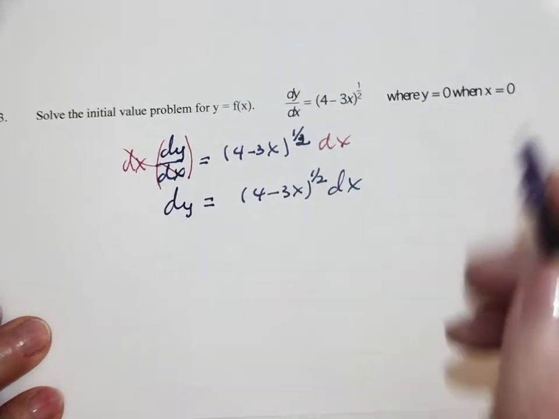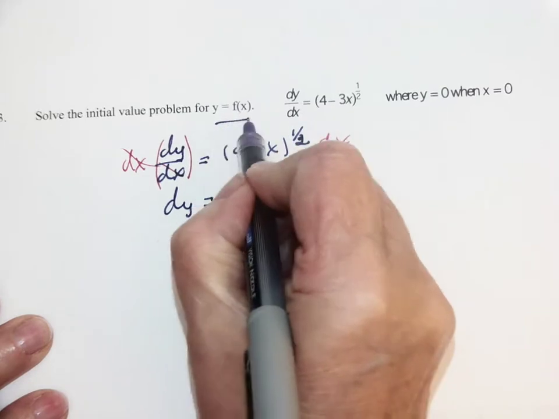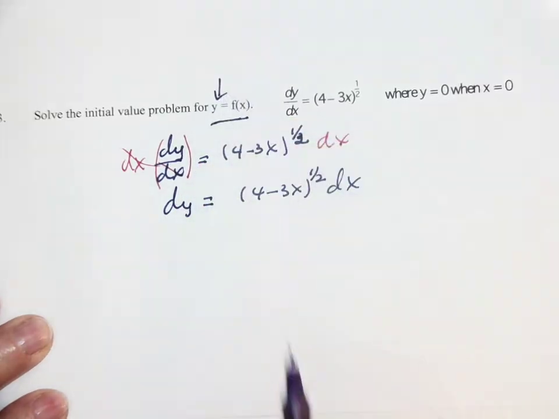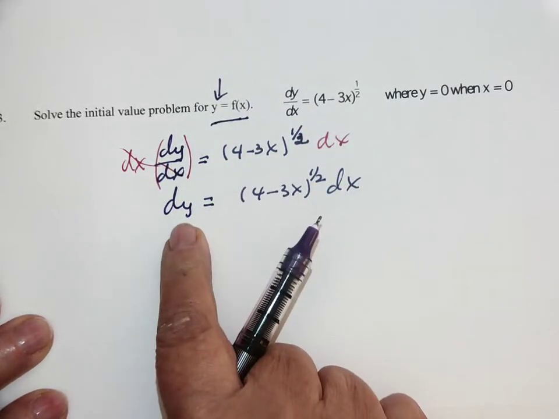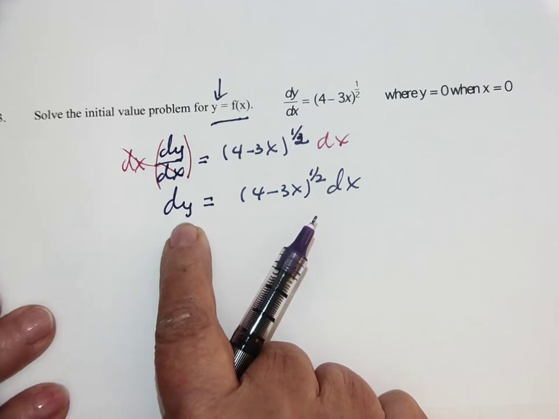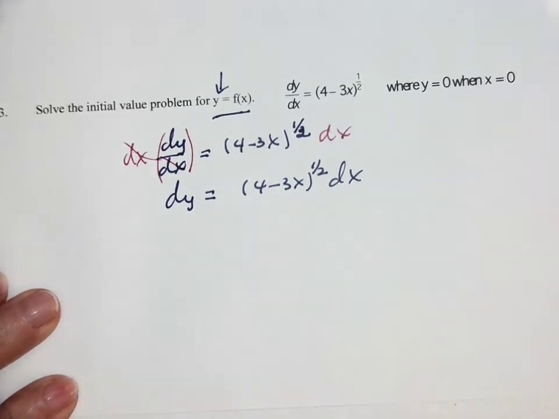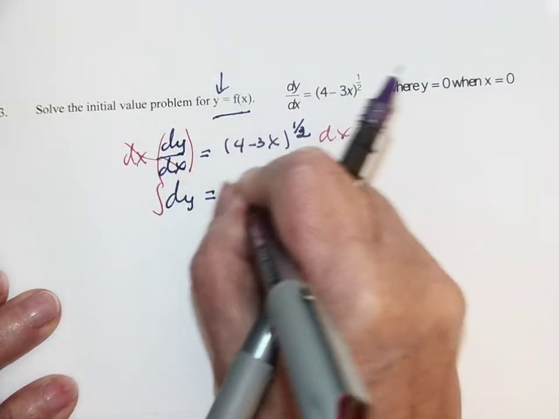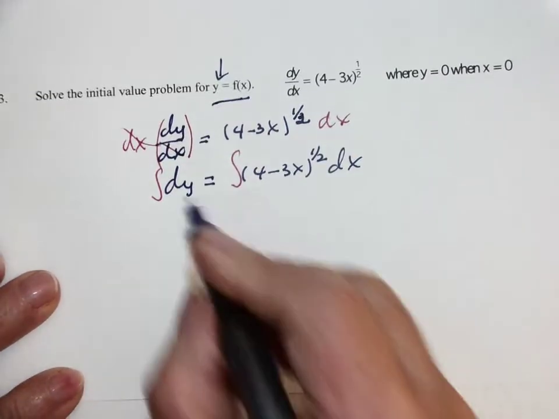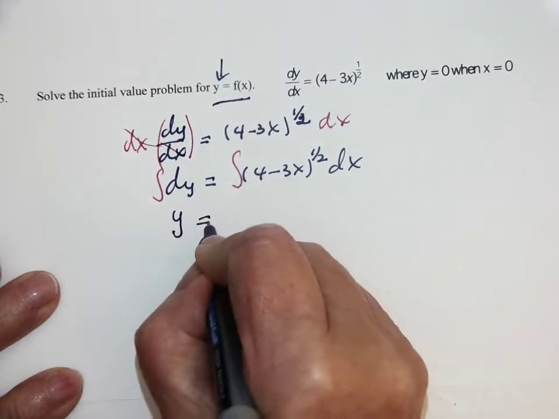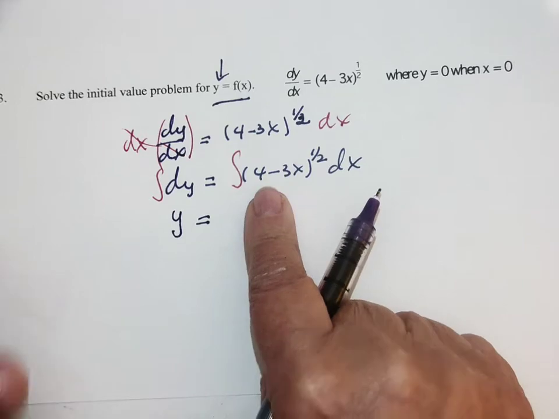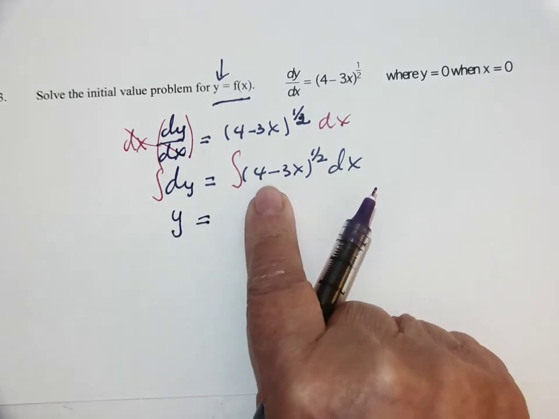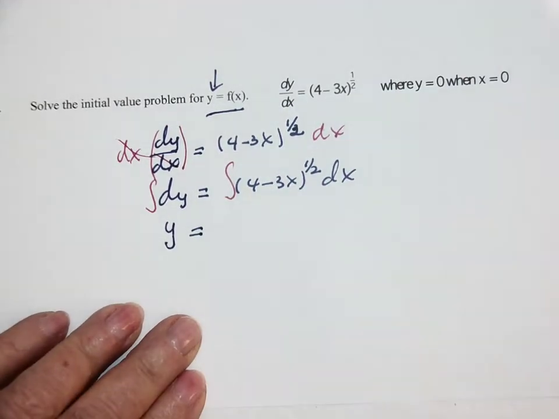What we want is to find y, that's what they told us to do. Y is the integral of dy, so integrate both sides. Now this crappy problem here is a u-sub.